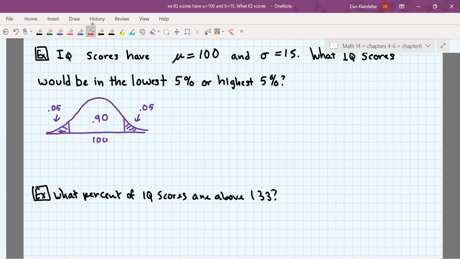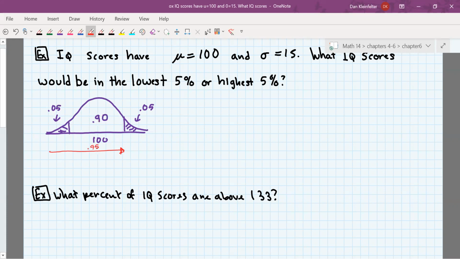So then, using our z table, up to this point, we should have the 0.05 in the left tail and the 0.90 in the middle. So altogether, that's 0.95.